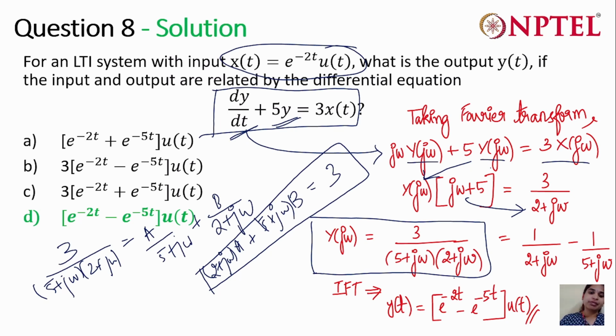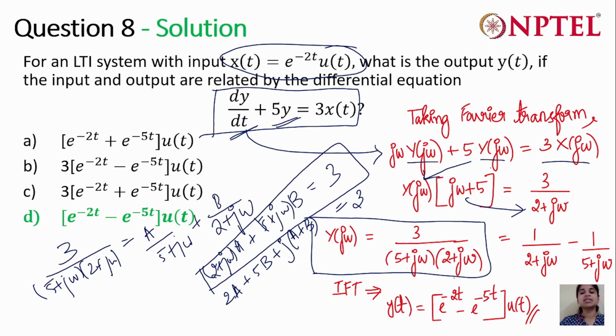Now, if I put omega equal to 1, what will I get? 2a plus 5b plus j into a plus b is equal to 3, right? So if I put omega equal to 1, I will get this expression. Here if you see, on the right hand side we don't have an imaginary part.